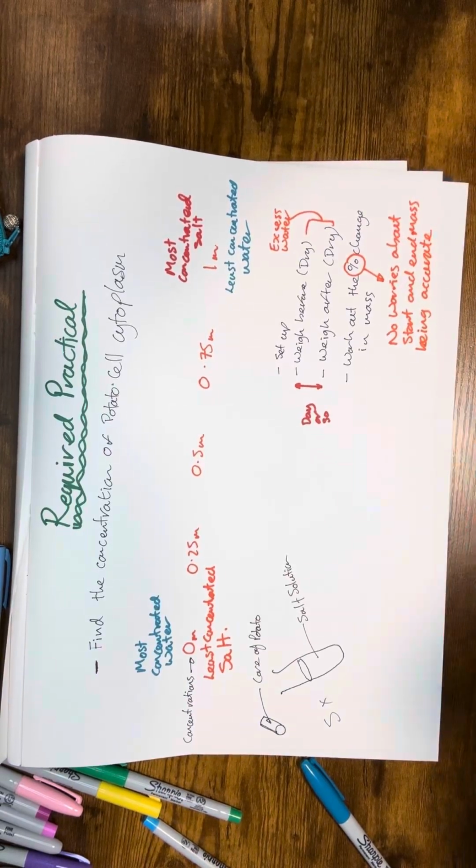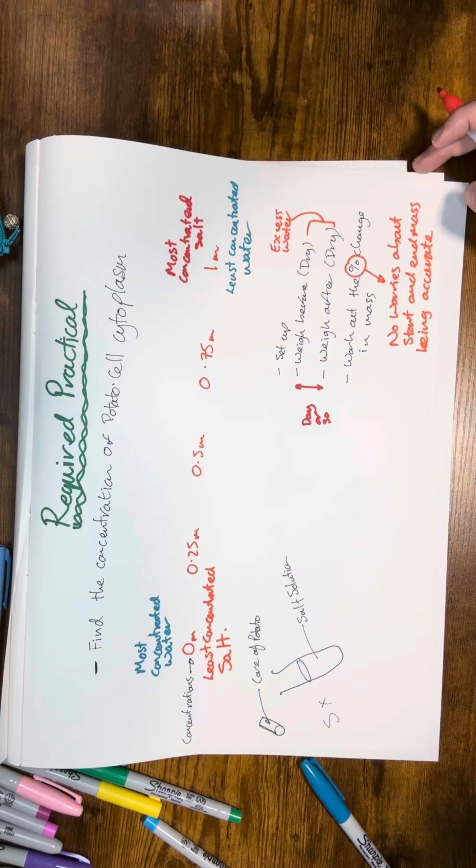Okay, you don't really have to be that accurate with it. What you're looking at is the percentage change of each chip. It becomes a proportional change as opposed to an exact change in mass.